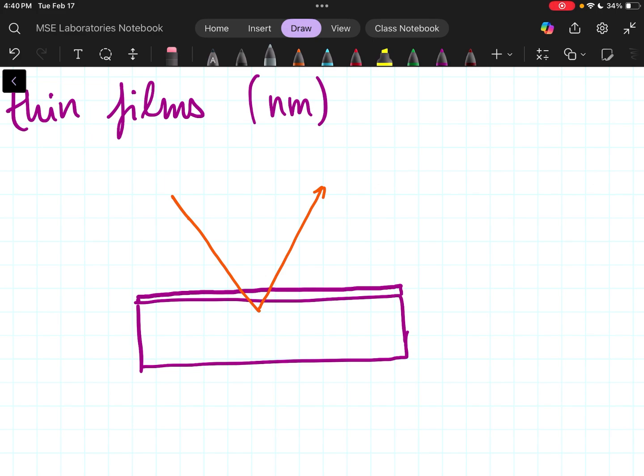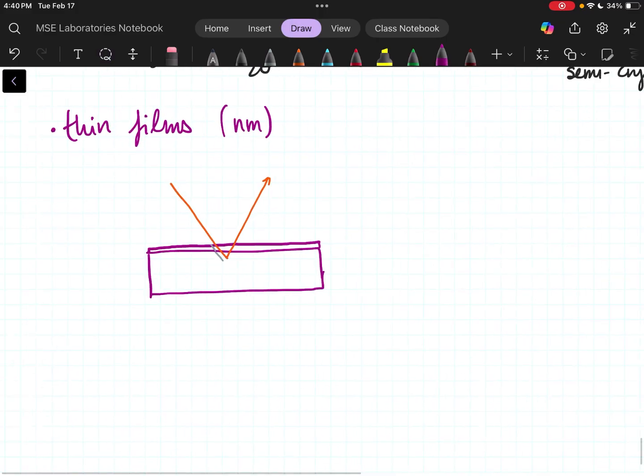Imagining our original setup where I've got X-rays coming in, X-rays coming out, you can see that my X-rays are going to penetrate some distance into my sample. We know that that's the case. It has to, right? But in this example, maybe about 1/3 of the depth of interaction is actually in the film, and another 2/3 is in the substrate.